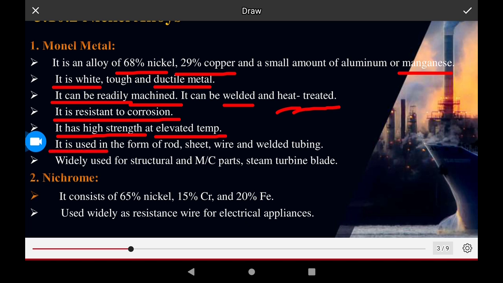It is used in the form of rod, sheet, wire, and welded turbines. Monel metal is widely used for structural and machine components and parts, steam turbines and blades.